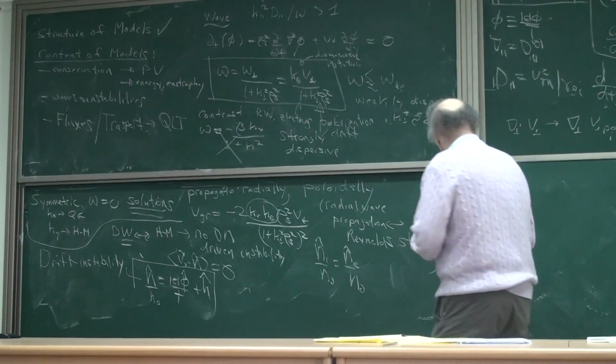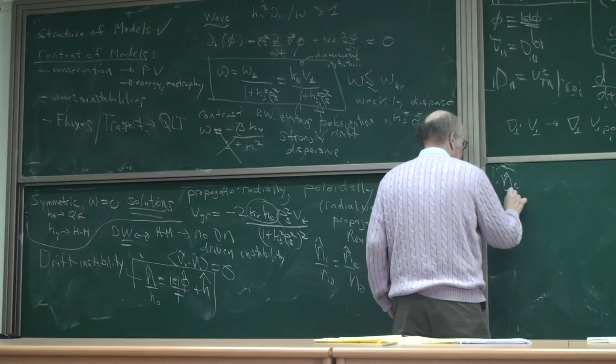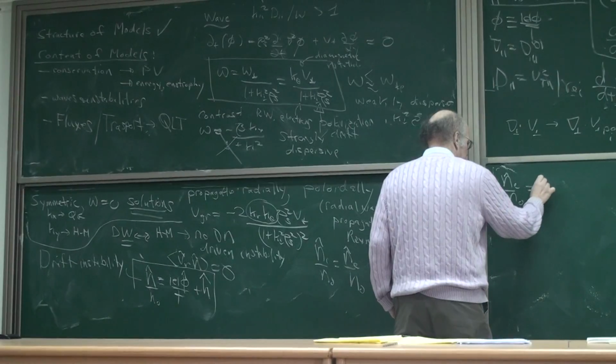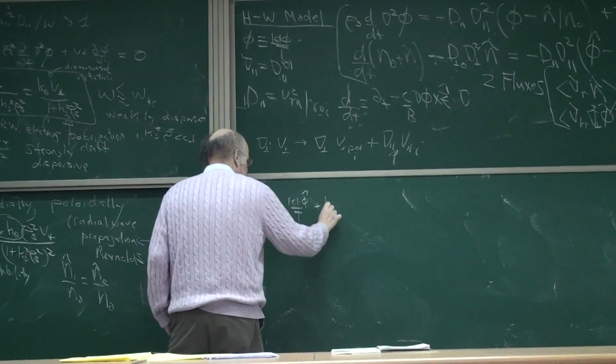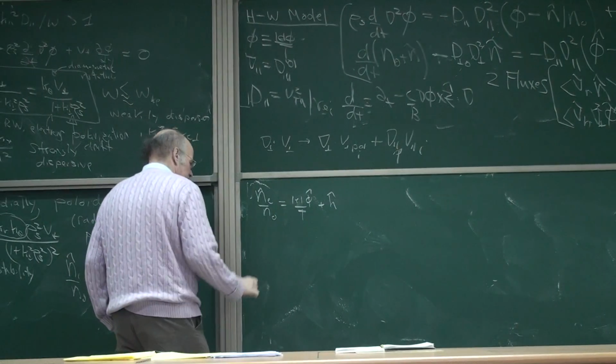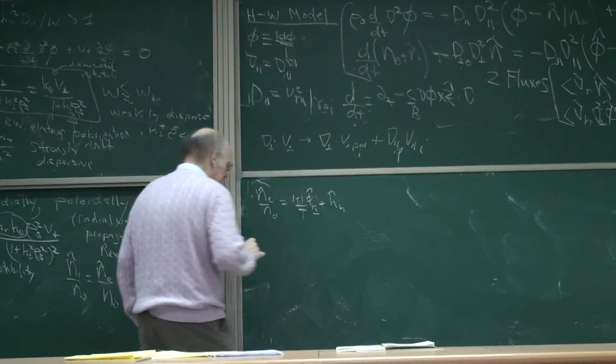So we know that n_e over n_0 is going to be e phi over T plus h, and we can put this as k and omega.